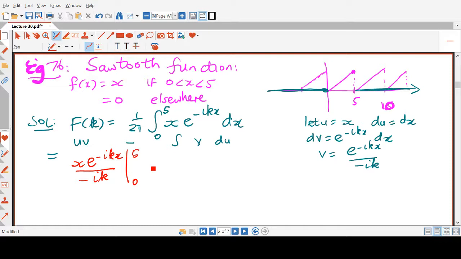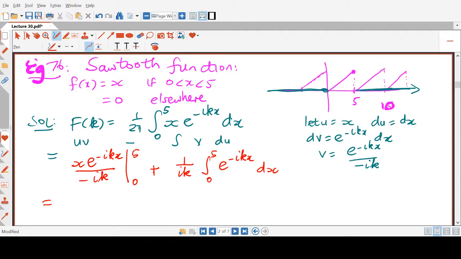Minus the integral of v du, minus times minus will become a plus 1 over ik, the integral of e to the minus ikx dx, because du is dx, from 0 to 5. The minus becomes a plus because I'm subtracting this minus ik. Now let me just crank out the integral there.